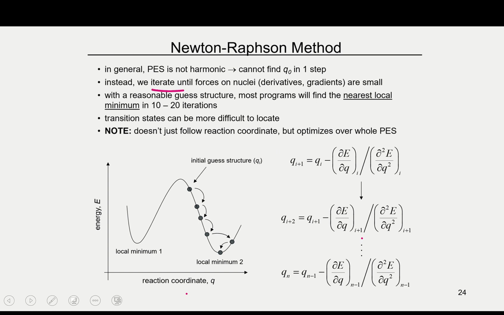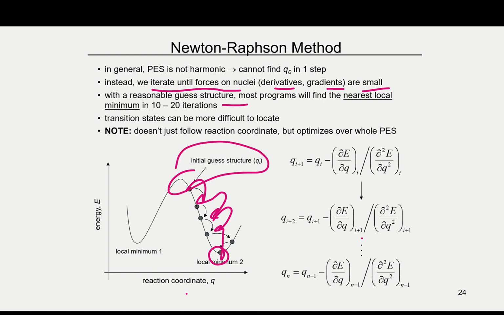We iterate until the force on nuclei, the derivative gradients, are small. What does it mean? It means that the calculations are going on until the minimum is obtained. With a reasonable guess structure, the first one, most programs will find the nearest local minimum.